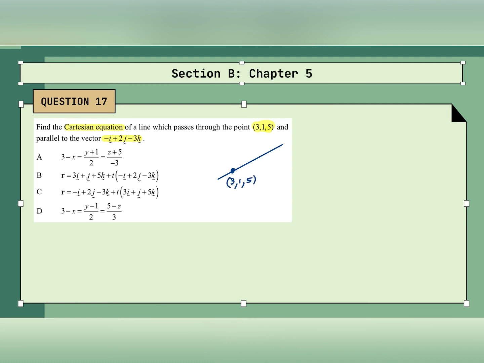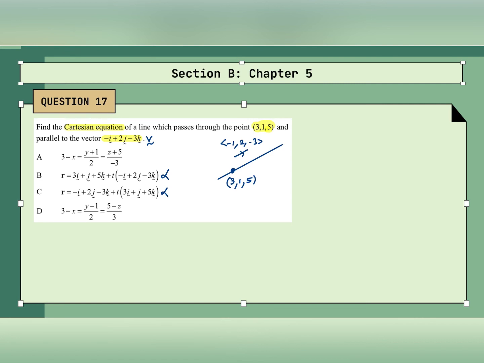Okay, dan line kita ini parallel dengan negative 1, 2, negative 3. So ini sebenarnya adalah kita punya direction vector. Okay, Cartesian equation yang mana? Yang dalam bentuk fraction. So automatic jawapan kepada B dan C boleh potong.